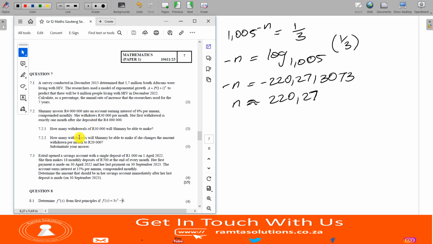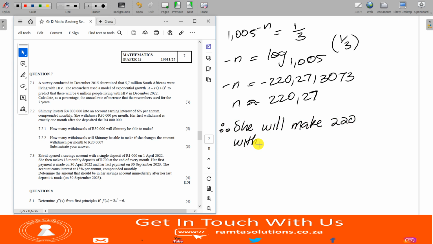So highlight here, the question is saying how many 30,000 withdrawals can she make? Therefore, she will make 220 withdrawals.